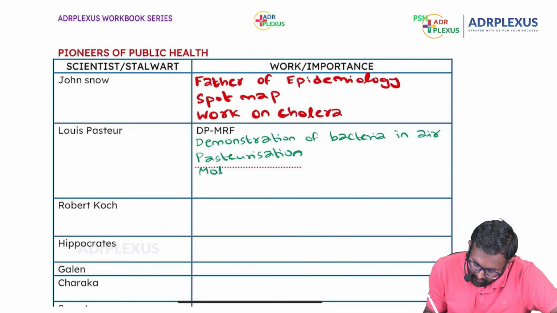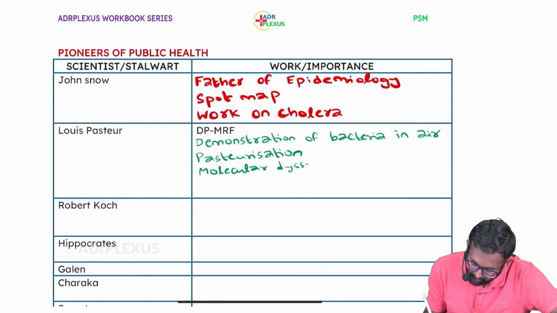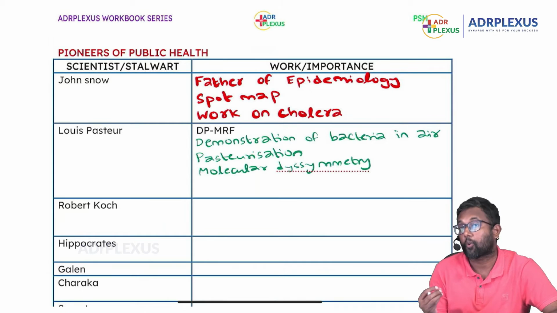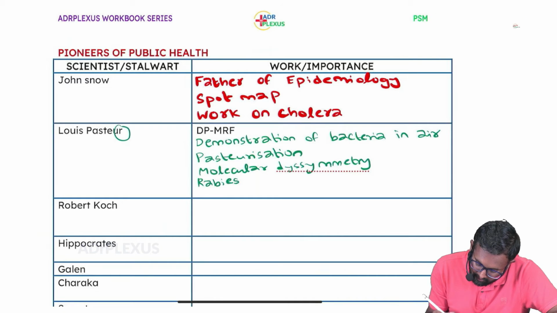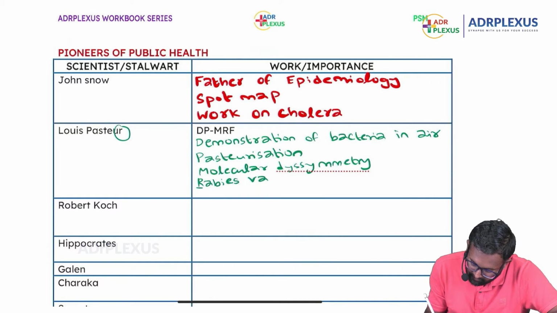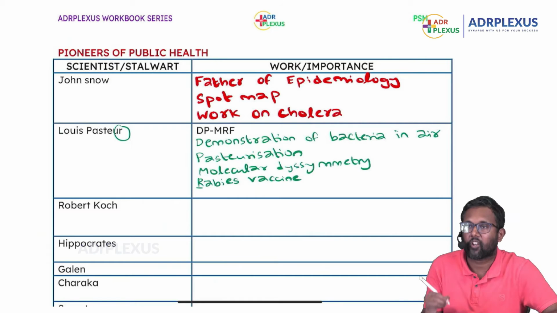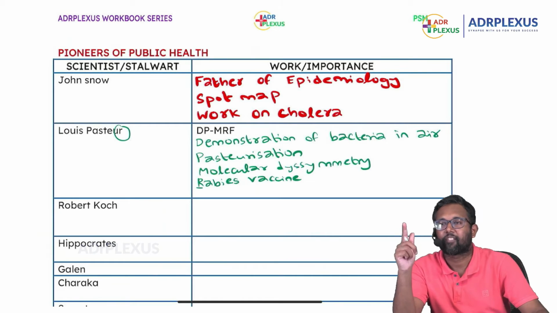Then M, it is not related to our subject. It is mostly related to chemistry. Molecular dissymmetry. So R stands for rabies vaccine. Then F stands for fermentation.